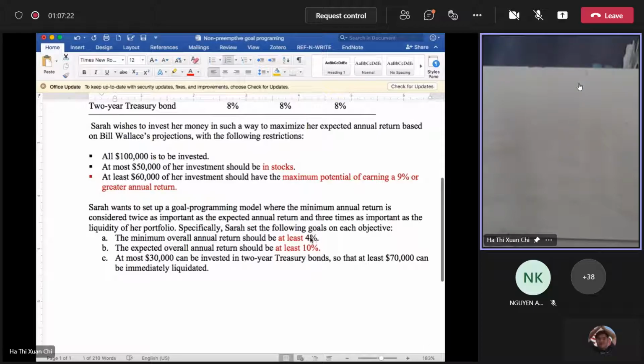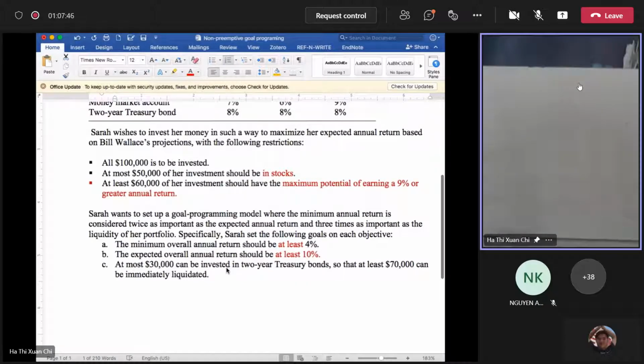And she has set 3 goals. The first is that the minimum overall annual return should be at least 4%. The expected return should be at least 10%, and at most 30,000 can be invested in the 2-year treasury bond, so that at least 70,000 can be immediately liquidated.